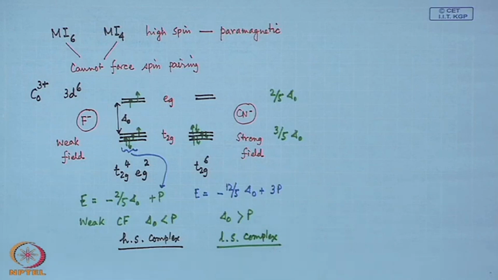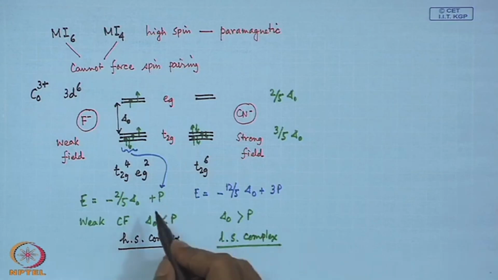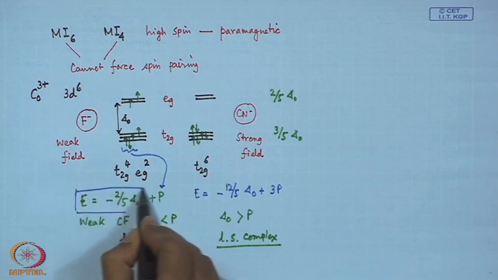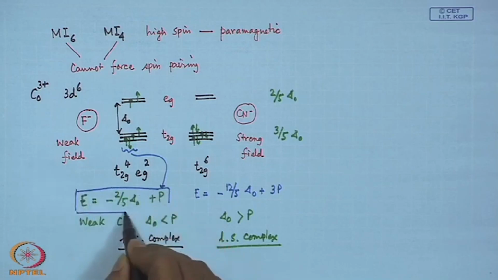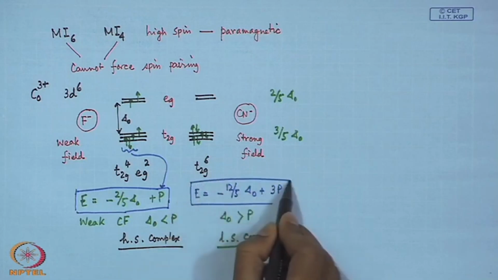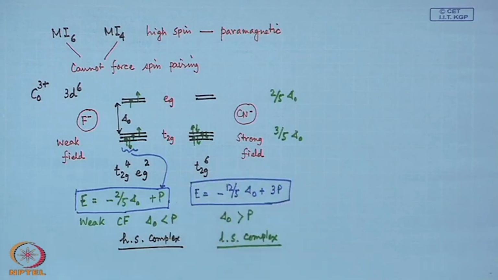So straight away, from this one example for cobalt, we see how we calculate these values for the other systems, because these are very important. From there we can compare the energy for the high spin and the low spin.